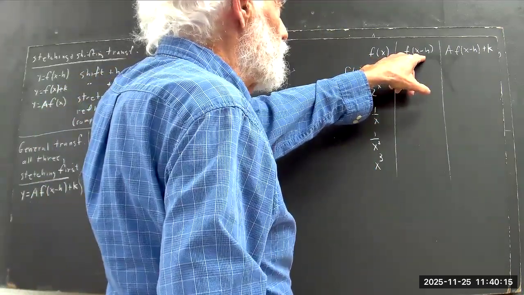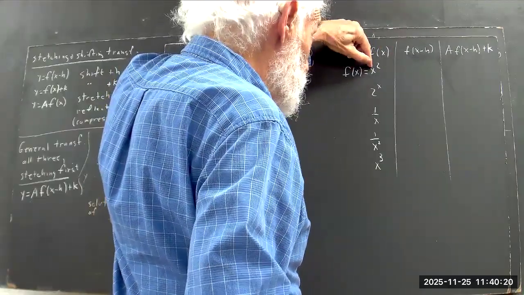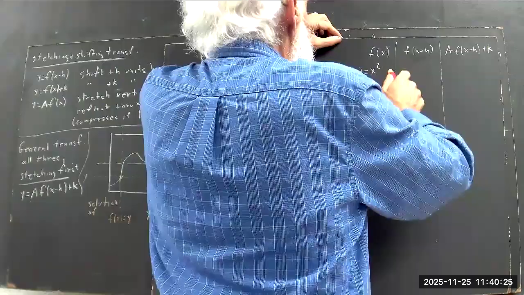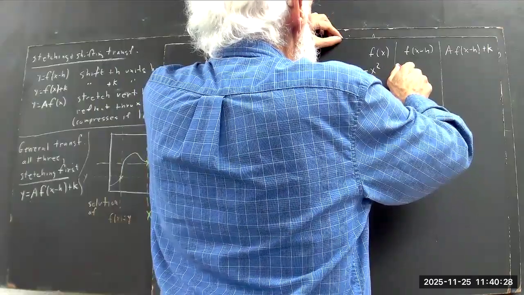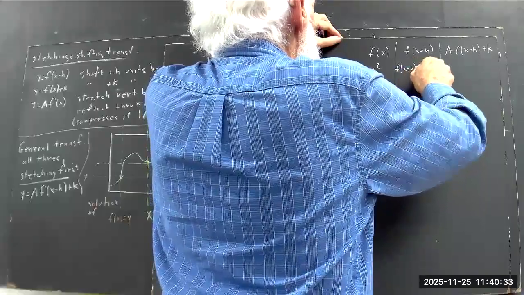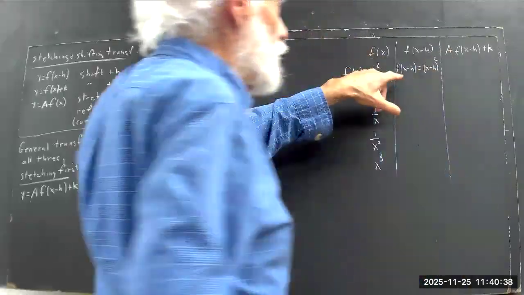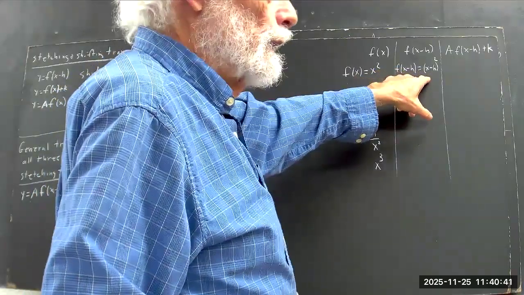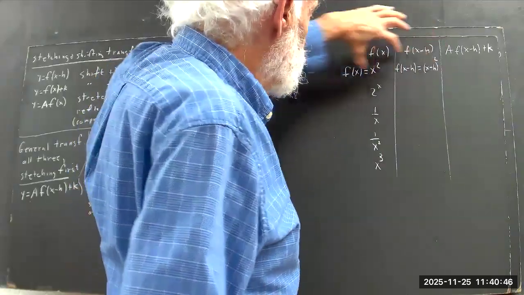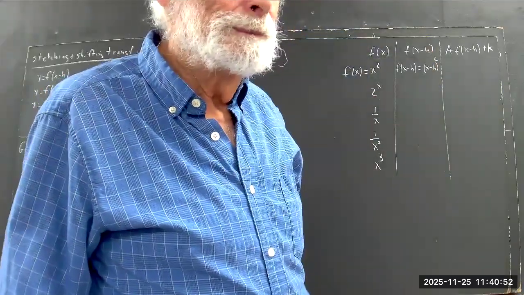So f of x minus h, we're replacing x by x minus h. Replace this x by x minus h, and we get f of x minus h equals the quantity x minus h squared. Again, this is exactly the same as this, except that x has been replaced by x minus h.